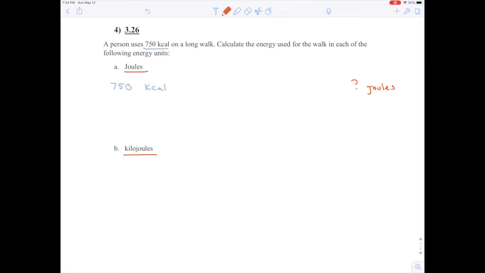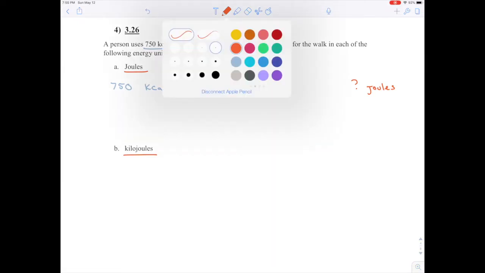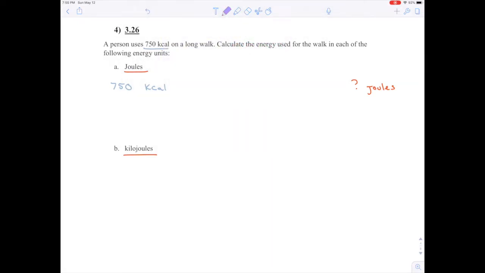Now this is ultimately a conversion problem, and in every conversion problem, you need a conversion factor that relates the two units. The one conversion factor you would definitely want to know relating kilocalories to something like joules is that 1 kilocalorie is equal to 4.184 kilojoules.